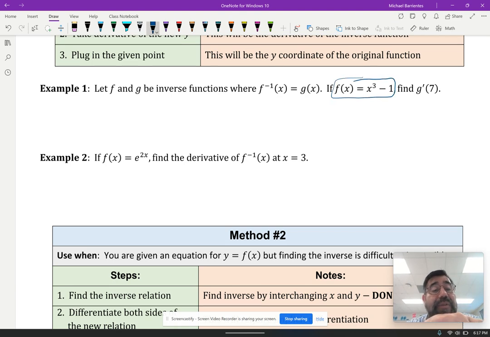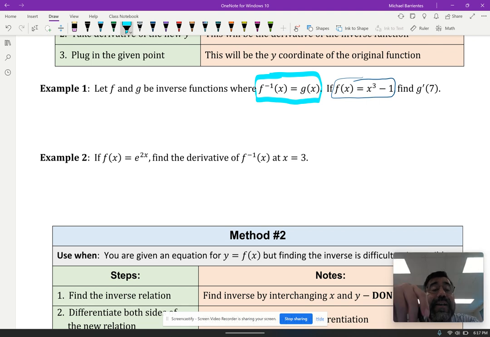I know that g is the inverse function, because f inverse is equal to g. We want to find the derivative of g, the derivative of f inverse, at 7.